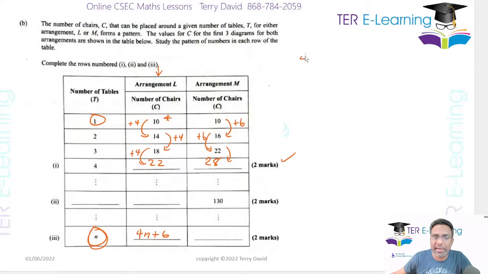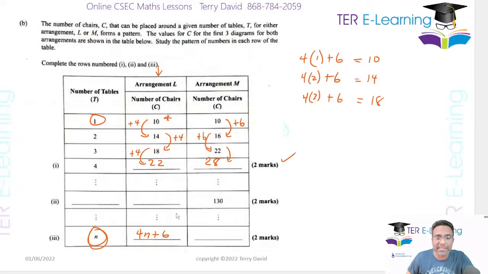So 4 by 1 plus 6, I'm going to get 10. For 2 tables, it's going to be 4 by 2 plus 6. 4 2s are 8 and 6 is 14. So far the equation looks like it's working. 4 by 3 is 12 plus 6 is going to give me 18. So this equation works. So it's 4n plus 6.